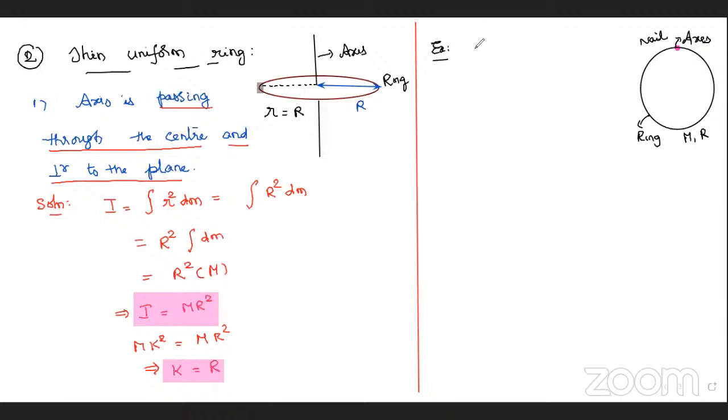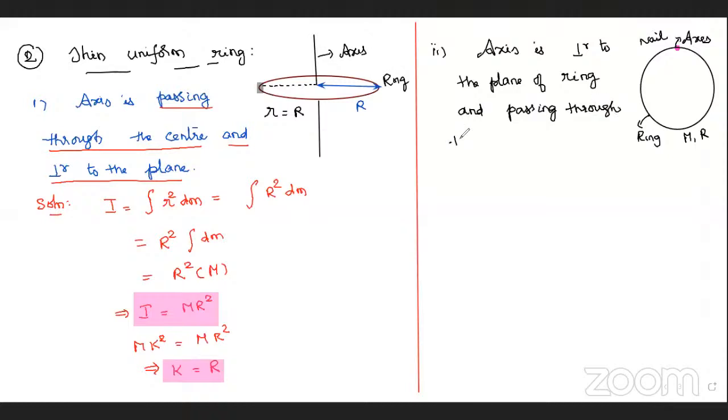Now take the second axis. The axis is perpendicular to the plane of the ring like a nail and passing through the perimeter. Sir, why do you complicate the wording?